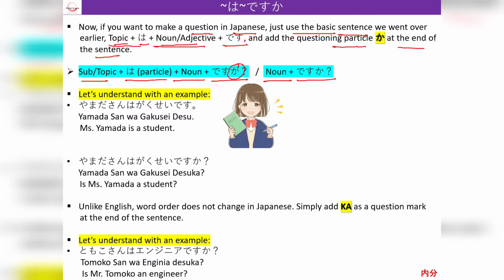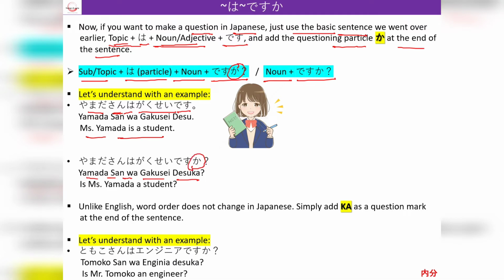Let's understand with an example. Here it is saying Yamada-san wa gakusei desu. Here the person is telling us that Miss Yamada is a student. And in our next sentence, it is saying Yamada-san wa gakusei desu ka. Here we have added ka at the end of the sentence.